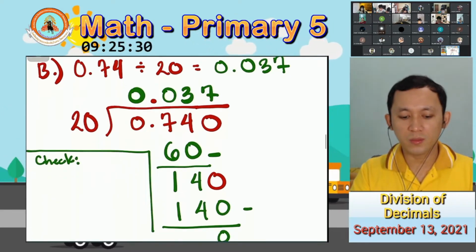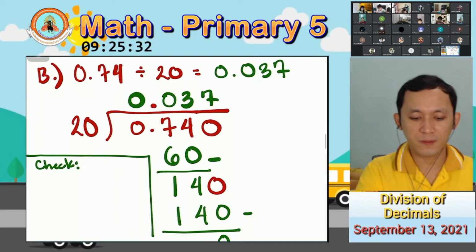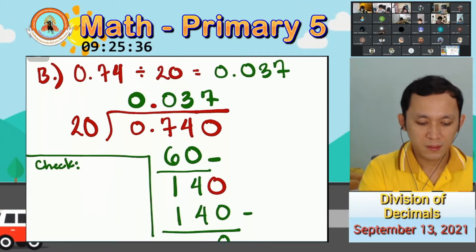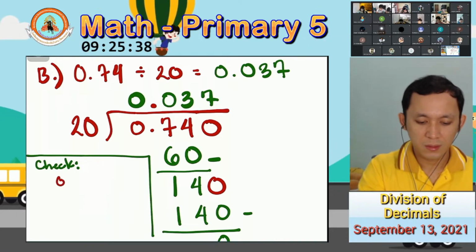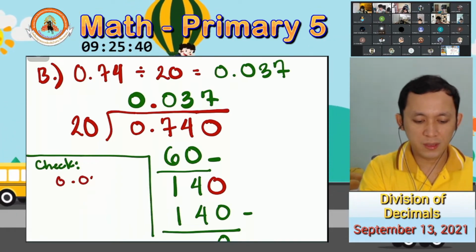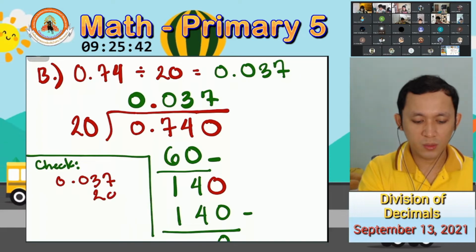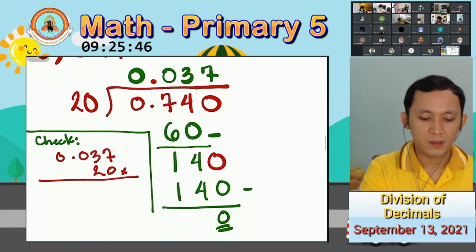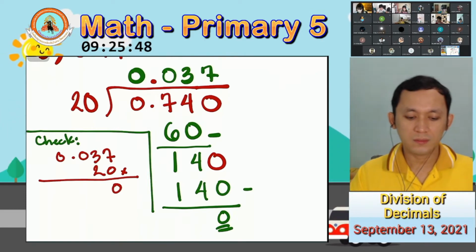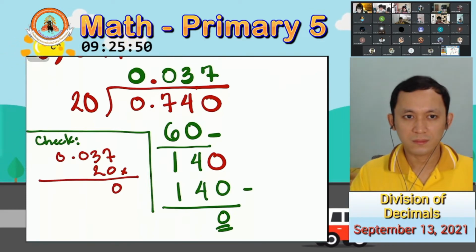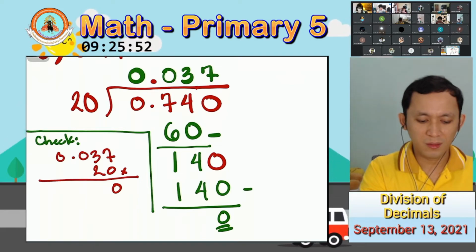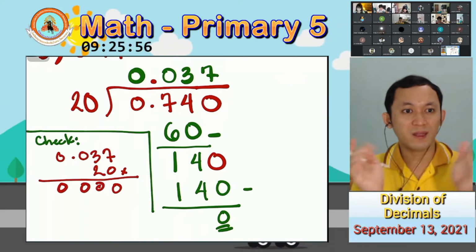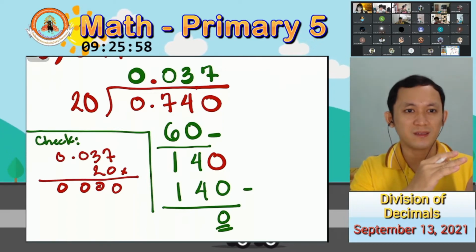So we are going to multiply 0.037 times 20. That's a lot. Do you know this technique? Or you can just write 0 and then proceed to the next number.